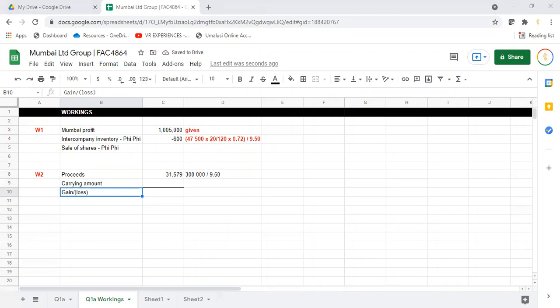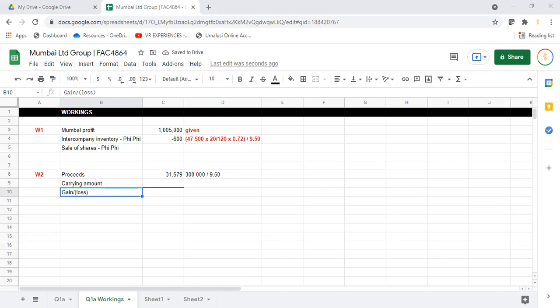That represents the cost of Fifi based on the number of shares that we acquired. We acquired 70% of the ordinary shares in Fifi.